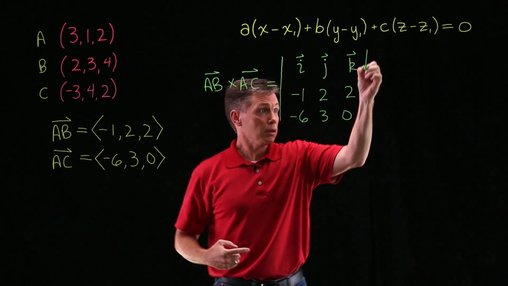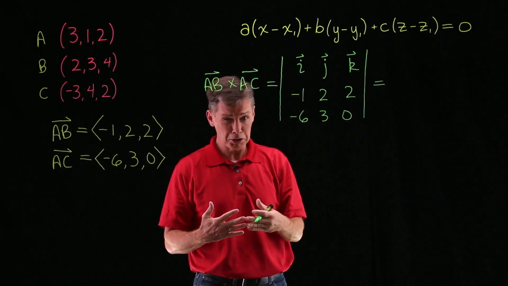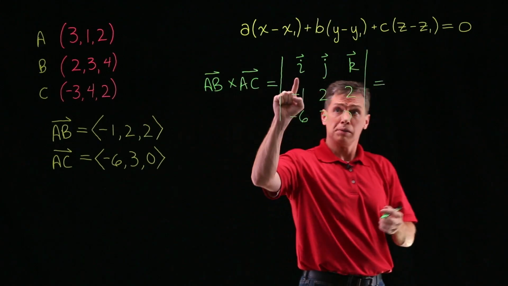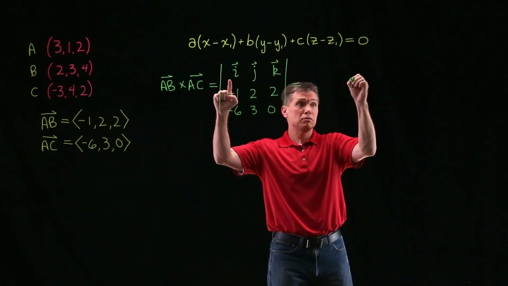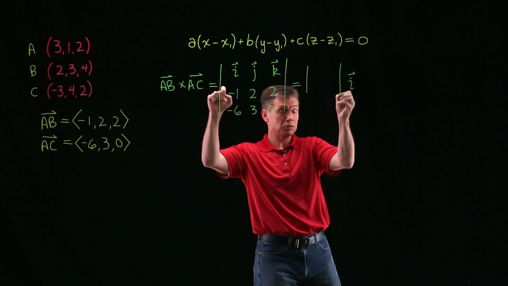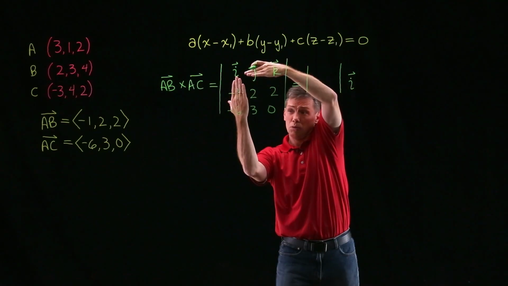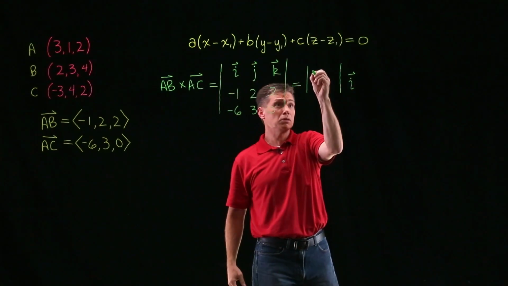Okay, and then we evaluate that using our cofactor expansion approach, which means I have the i vector that is going to multiply by the determinant of the submatrix right here, 2, 2, 3, 0.